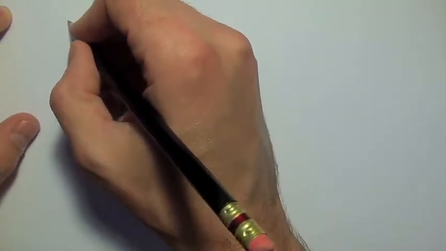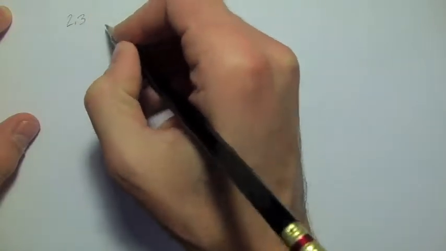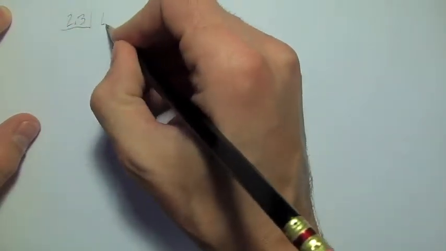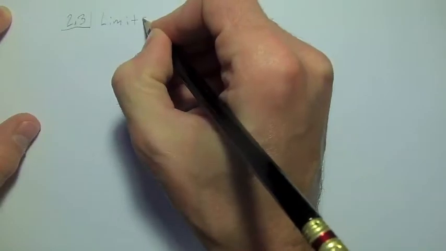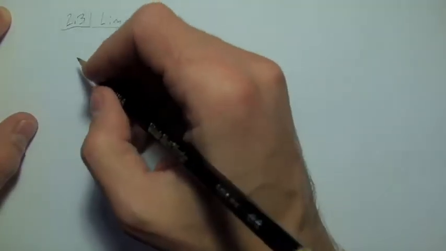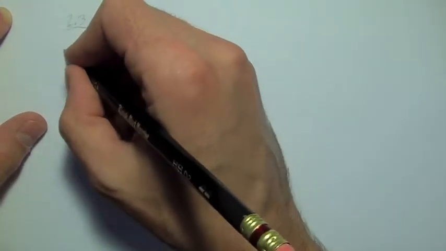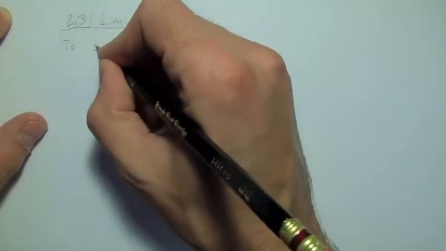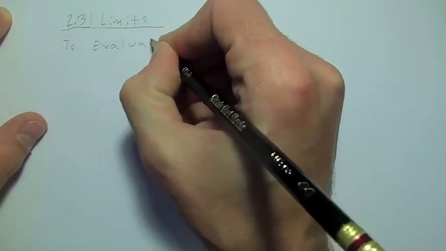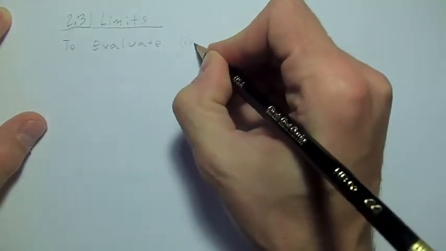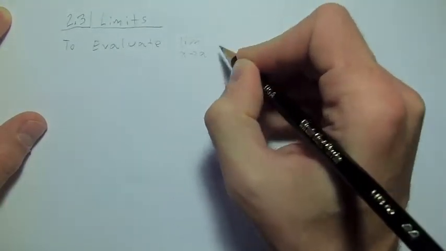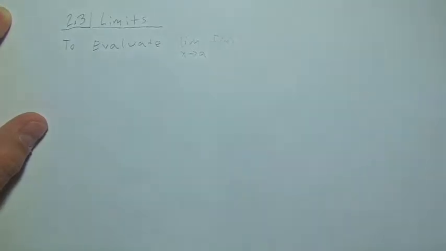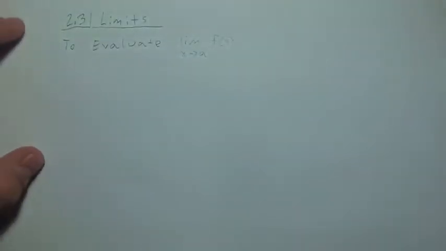Okay, so this is going to be 2.3, which is all about limits. Now the one thing I really want to reemphasize here is that to evaluate the limit as x goes to a of f of x, we talked about in the lecture that we have a strategy we follow.